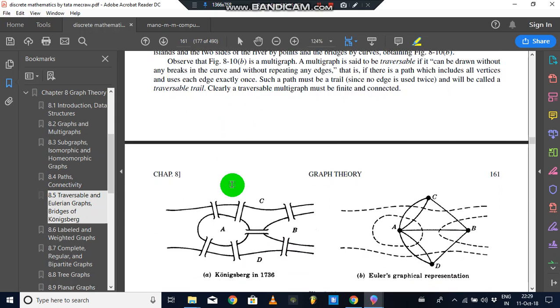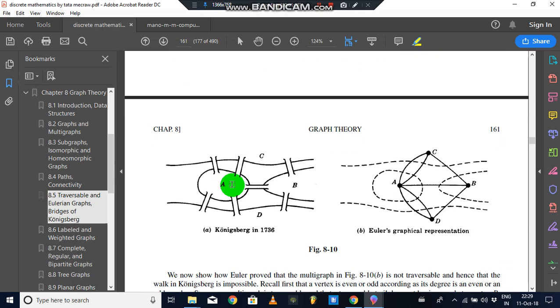Here you can see these are bridges 1, 2, 3, 4, 5, 6, 7. These are islands A, B, and these are the banks C and D, in 1736. So, how can you do this by graphical representation?